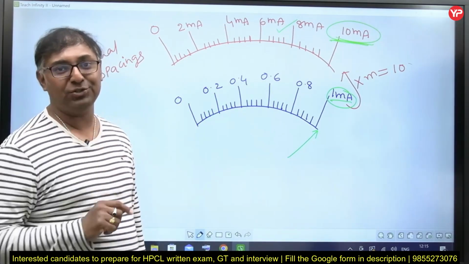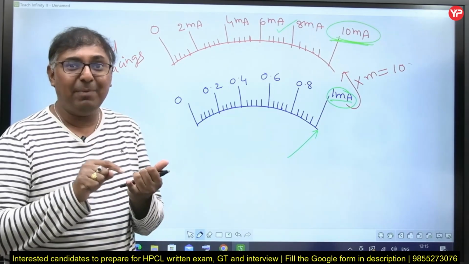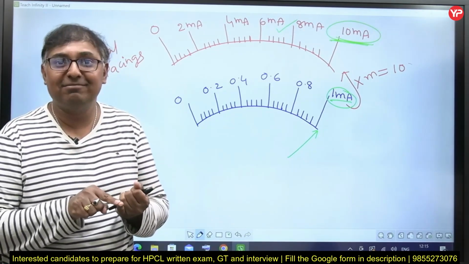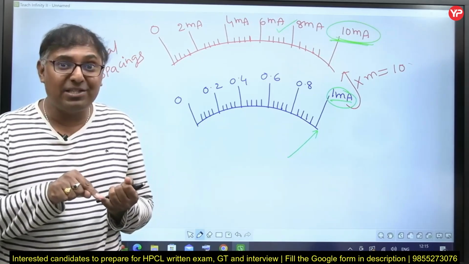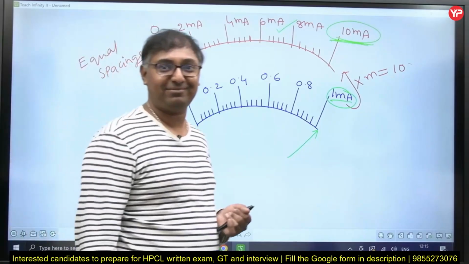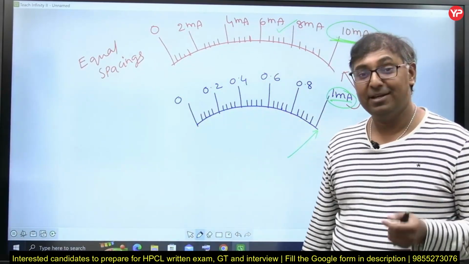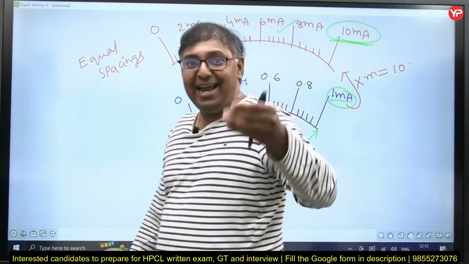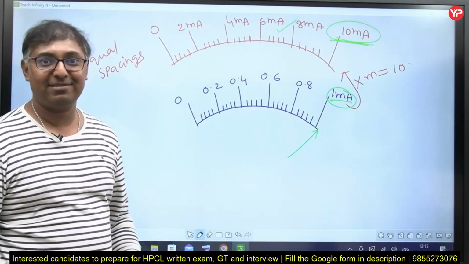My simple question, sir: is my meter really measuring 10 milliamperes? No. Measuring how much? 1 milliampere. Indicating how much? 10 milliamperes. Measuring 1 milliampere, indicating 10 milliamperes.